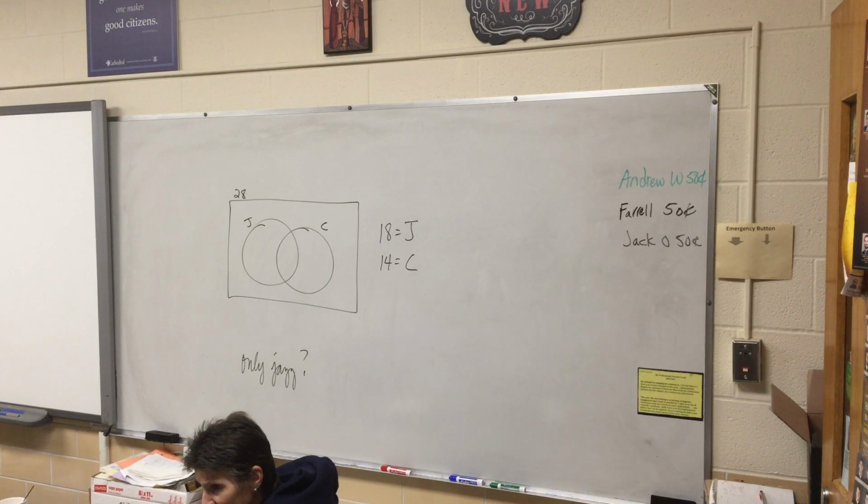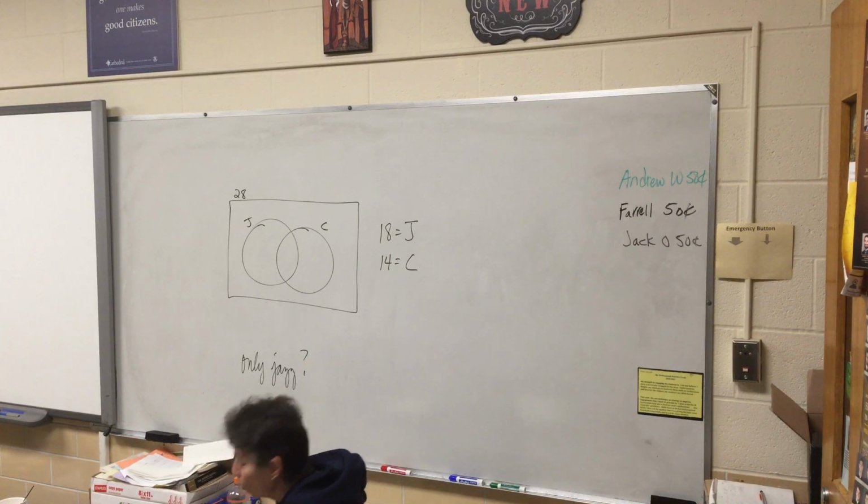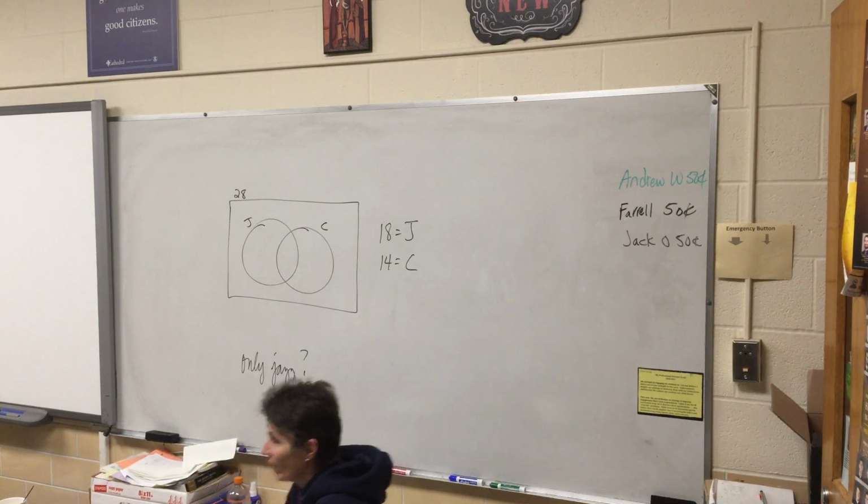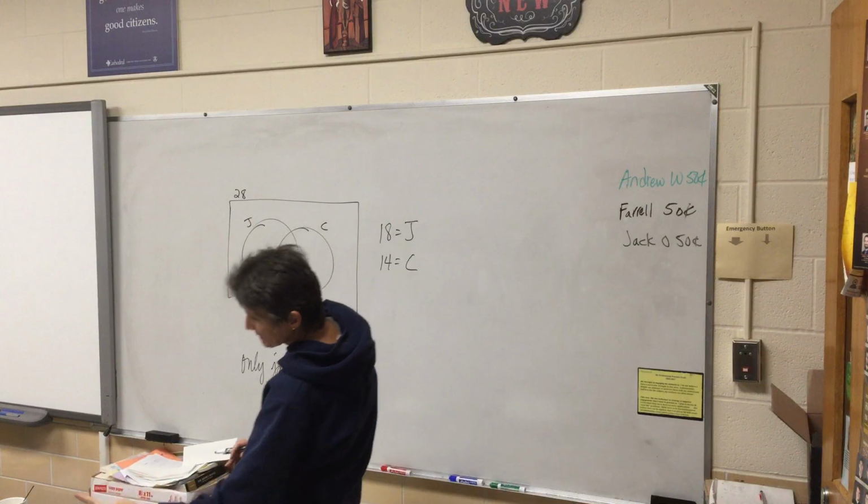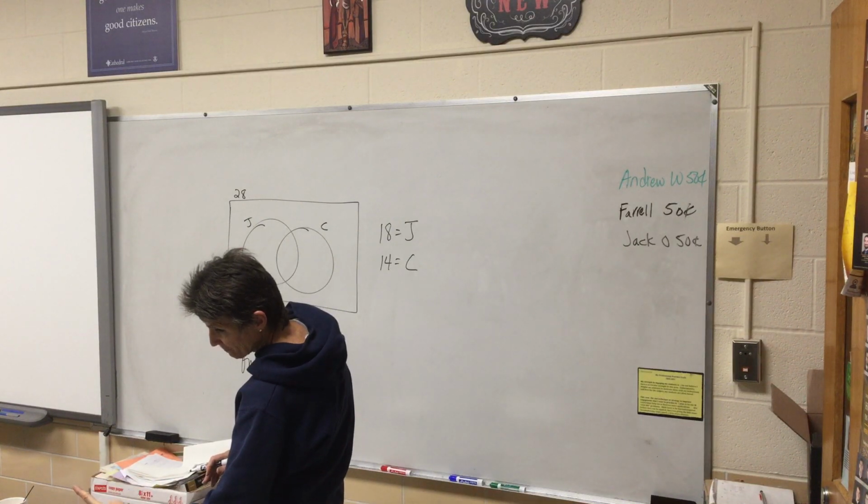32. Okay, wait a minute, that's a problem. Because how many kids are in the class? 28. Okay, so what does that mean? If 32 hands went up, but there's only 28 kids in the class, what happened? Gabe's going like this. What's he doing this for? 4 repeated.